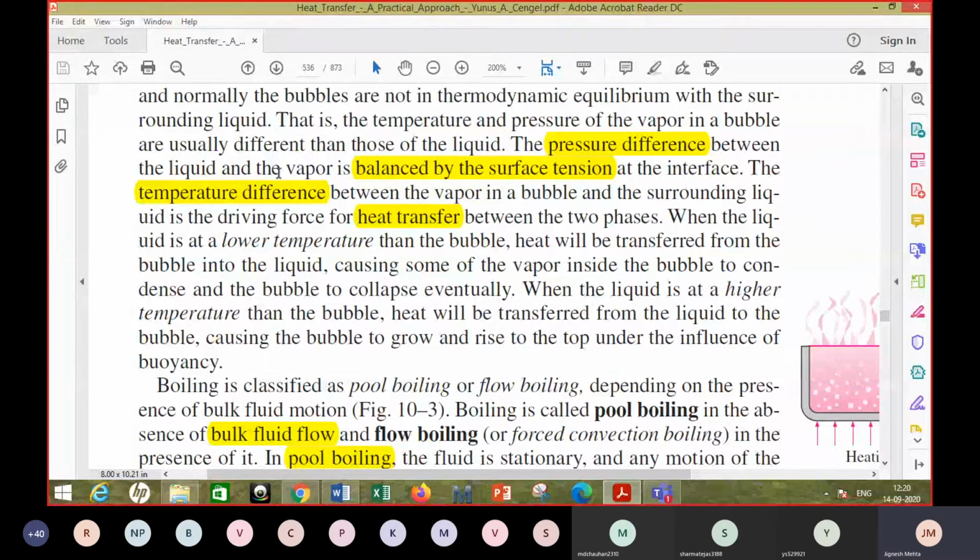On the other hand, liquid is also creating a pressure, and the surface tension is balancing those two. When the pressure exerted by the vapor increases beyond that exerted by the liquid, the bubble gets detached, and it may also burst if the size is small enough inside the liquid.